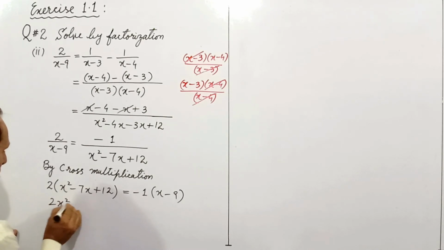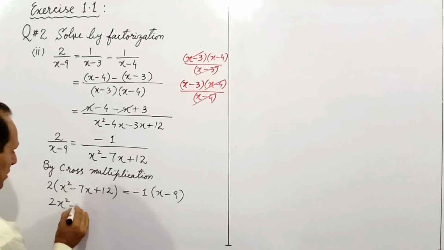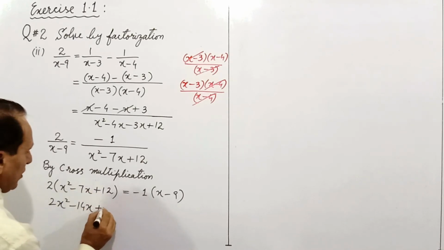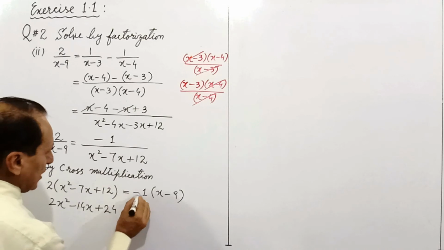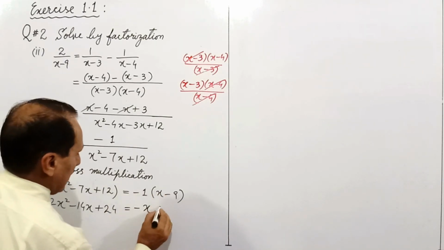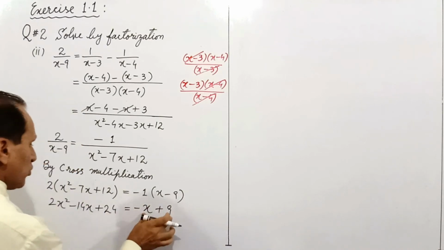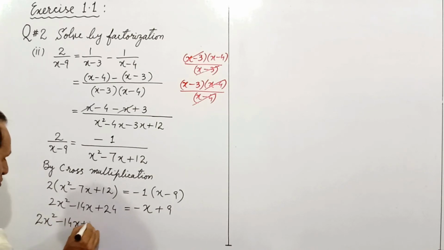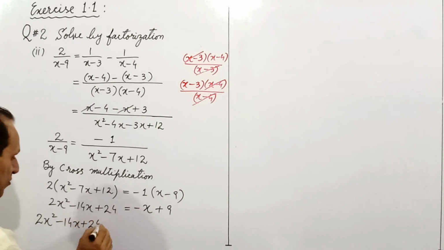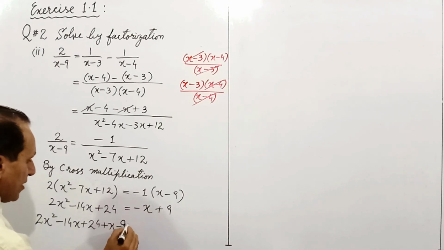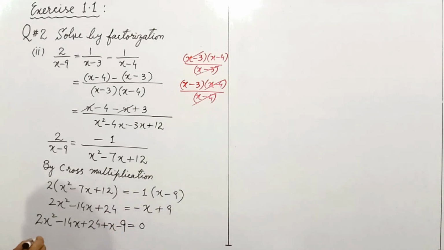2x square, 2 is multiplied to 7 minus 14x, 2 twelves are 24. In the right hand side, minus 1 into x is minus x, minus minus plus 9. We take these two values to the left hand side and we get 2x square minus 14x plus 24, minus x will become plus x and plus 9 will become minus 9, is equal to 0.